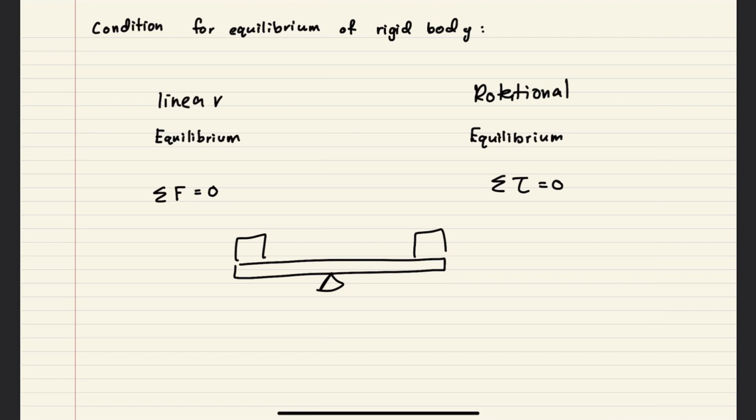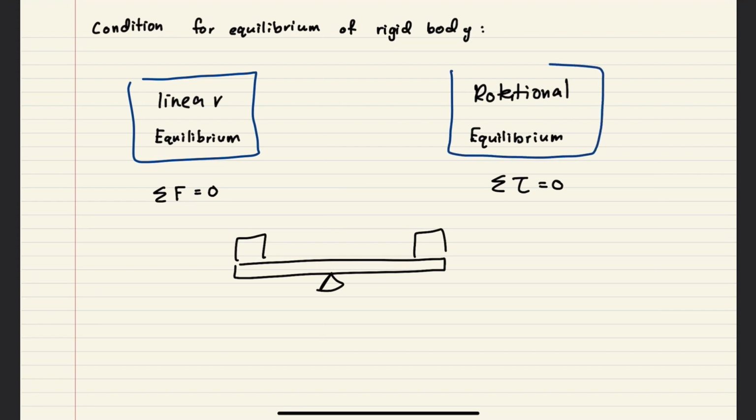And then the rotational part also has to be at equilibrium. Okay, because these two being at equilibrium will produce this one: summation of F equals to 0, summation of torque equals to 0.